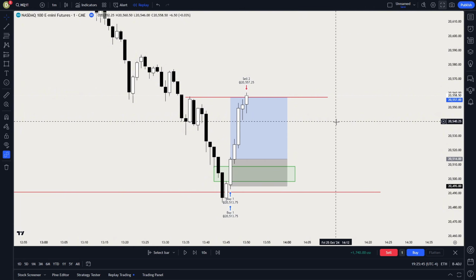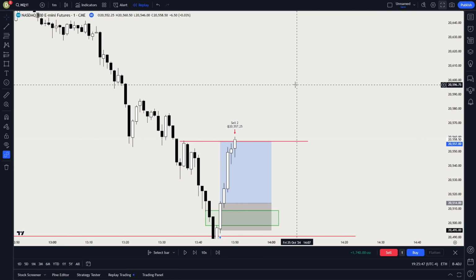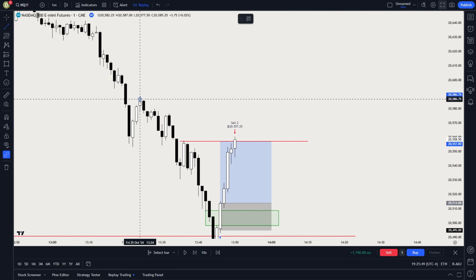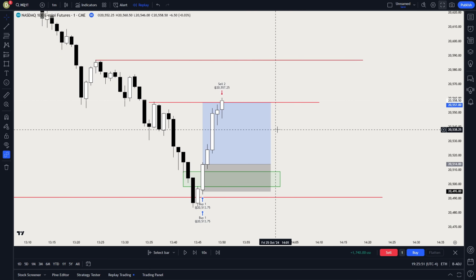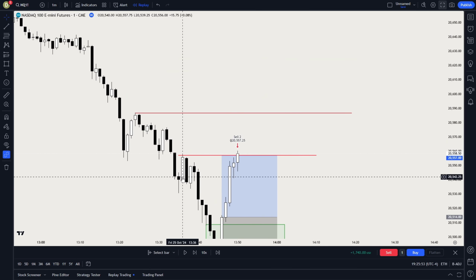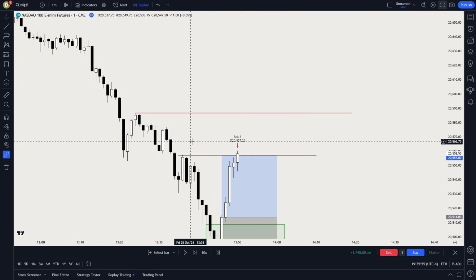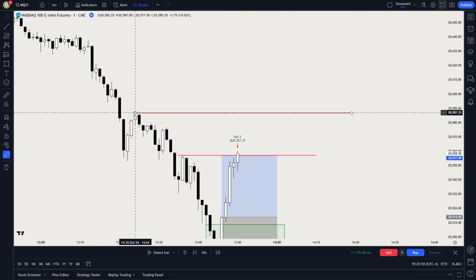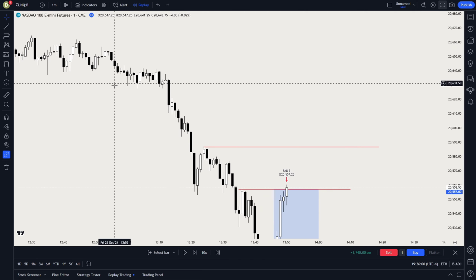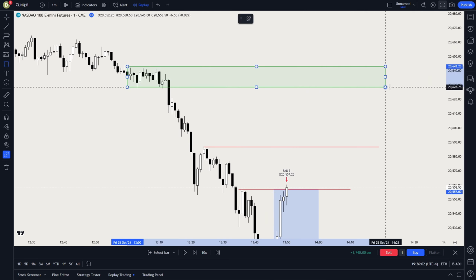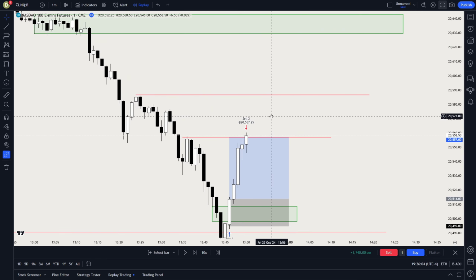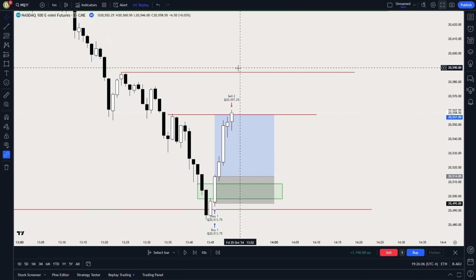Now price should reject off of this level. It could go higher to up here, but I like to aim for my first take profit zones as the first level of swing highs. So we have a swing high here, swing high here, swing high up here. It's more liquidity up here and swing highs. So we could reject off of here, or we could go up here and reject.